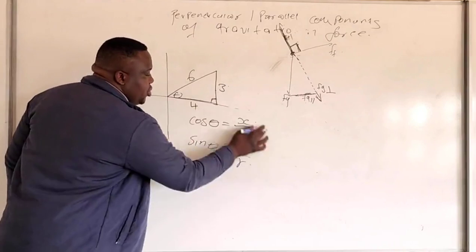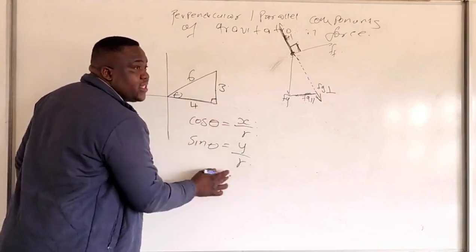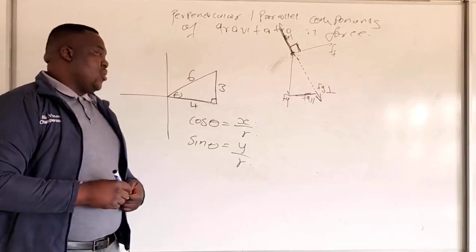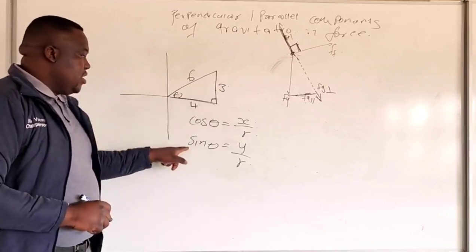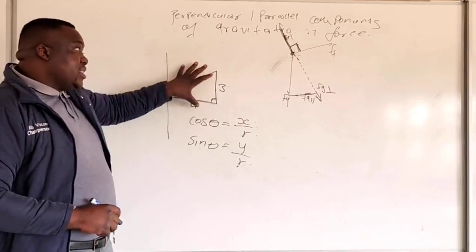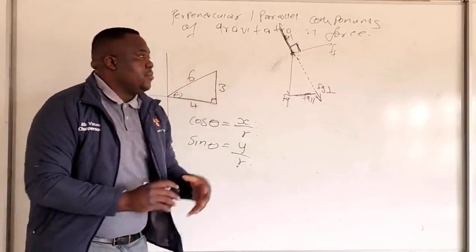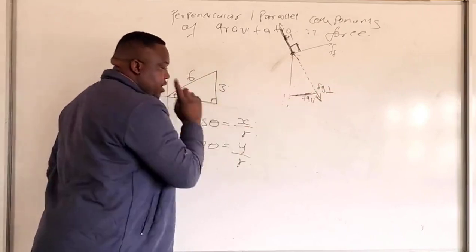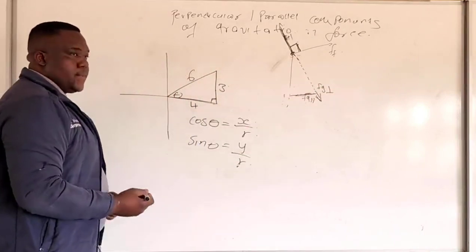So the use of cos and sine when calculating the parallel and the perpendicular components comes from here. I want to show you something. You can see that this triangle is different from this one. Okay, let me explain to you.